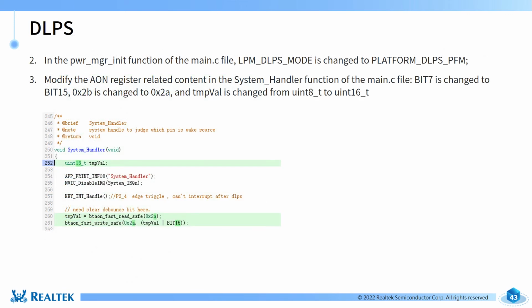The second step, in the power manager init function of the main.c, modify LPM DLPS mode to platform DLPS PFM, and modify the relevant registers, that is, modify the AON register related content in the system handler function of the main.c file. Bit 7 is modified to bit 15. 0x2b is modified to 0x2a, and temp value is modified from uint8_t to uint16_t.